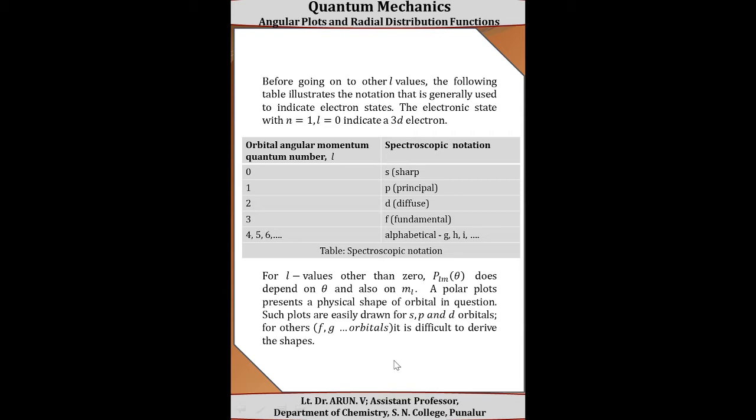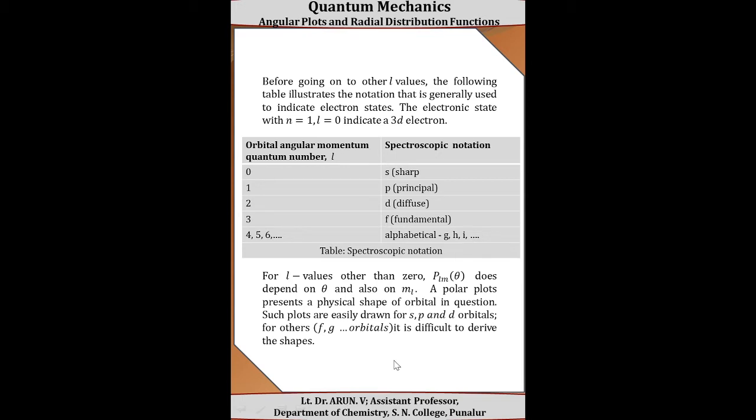When the L value is equal to 1, it represents a p electron. When the L value is equal to 2, it represents a d electron. When the L value is equal to 3, it represents an f electron. And when 4, 5, 6 are the orbital quantum numbers, the alphabets g, h, i, etc. are used to represent these orbitals, and these are known as spectroscopic notations.